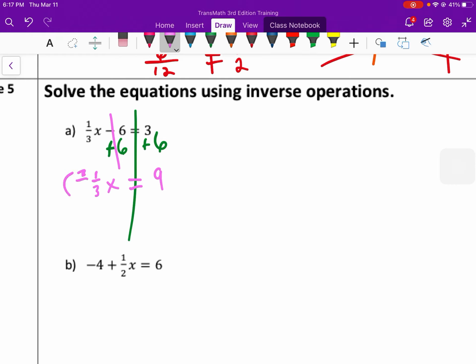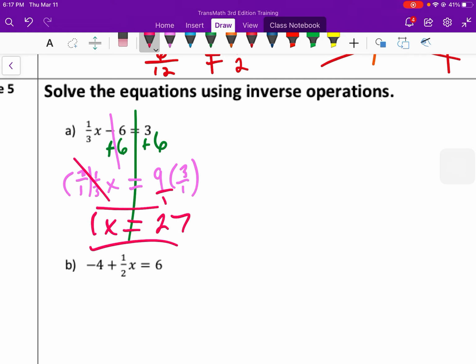Then we can take the inverse of 1/3, which is 3 over 1. These inverses simplify, so now all we're left with is x equals 9 over 1 times 3 over 1, which is the same thing as just 27. And if you want to check it, you can plug it back in.